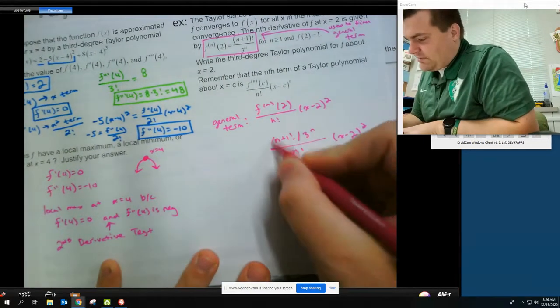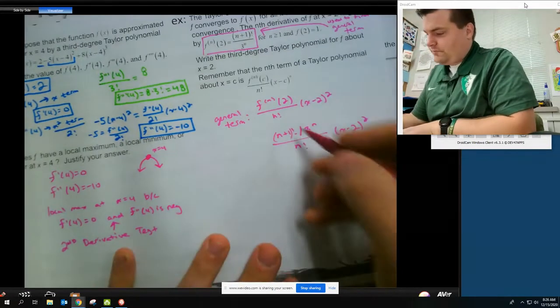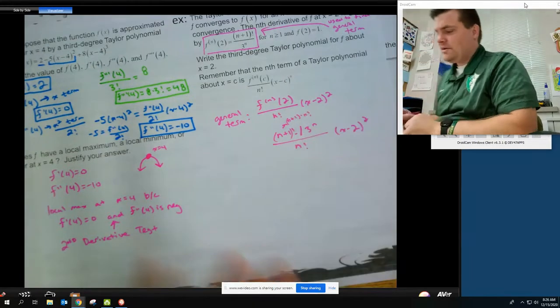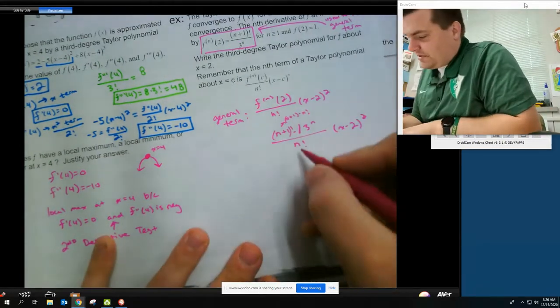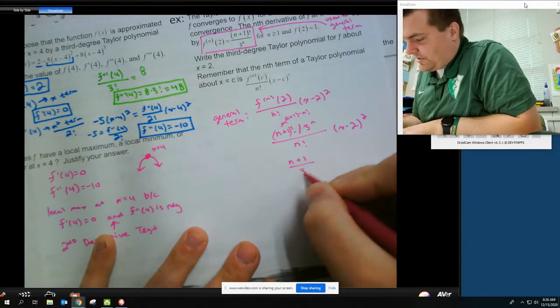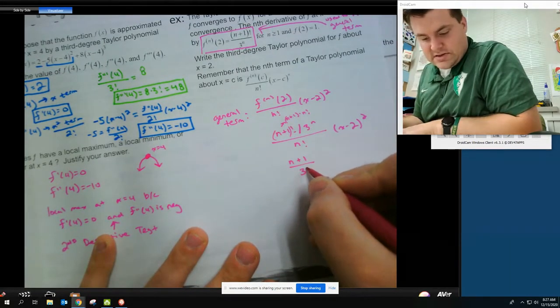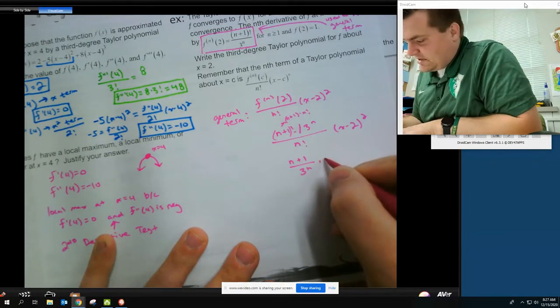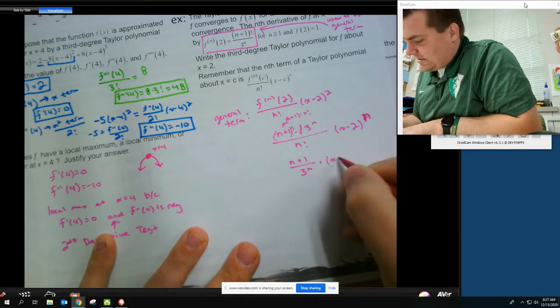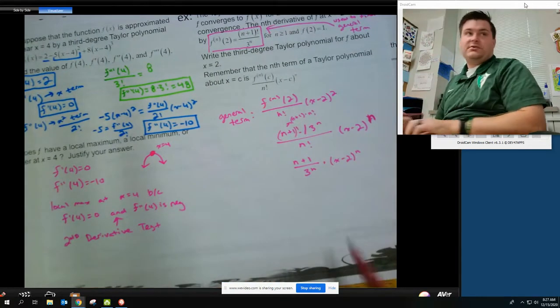This n plus 1 factorial really is n plus 1 times n factorial, so I can cancel out those n factorials. I'm going to get n plus 1 all over 3 to the n times x minus 2 to the n. So this is my general term.